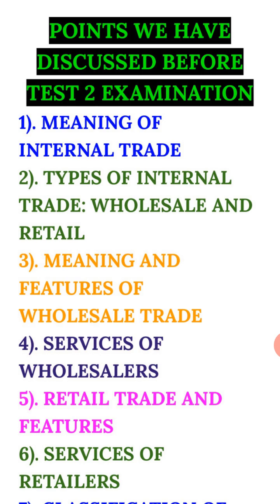The wholesaler purchases goods from the manufacturer and sells to the retailer. There are a lot of features of wholesale trade, such as link between producer and retailer, deal in large quantities, invest large amounts, generally maintain high stock with himself, and so on.